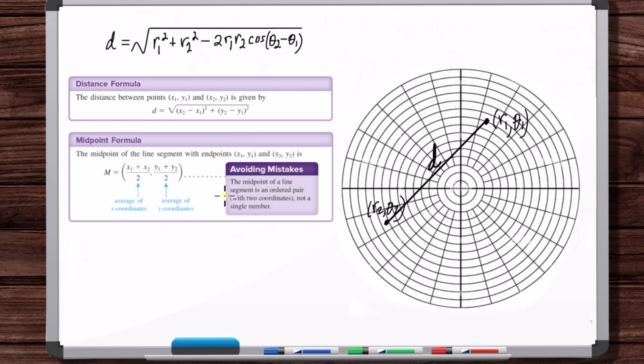And the midpoint formula in polar coordinates would actually be very similar to the midpoint formula in rectangular coordinates, where you're just taking the average of the 2 r values and the average of the 2 theta values. But there are some nuances to this that we'd have to talk about if we were discussing the midpoint formula in polar coordinates. But still, for any coordinate system, you can think about deriving formulas like this.